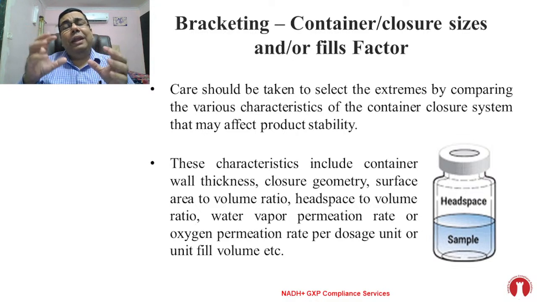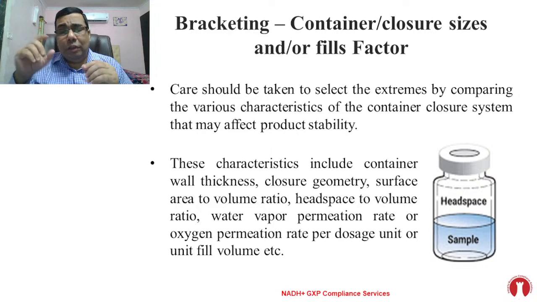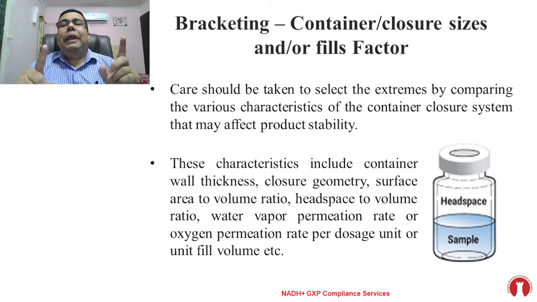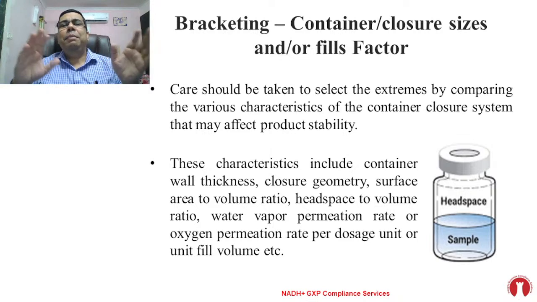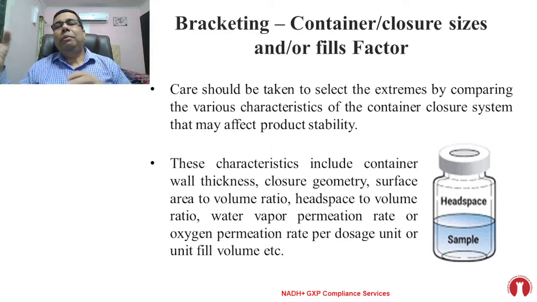So, bracketing with respect to container closure sizes, I was explaining this, which is what is displayed on the screen. Care should be taken to select the extremes, right? That is our expectation when we are discussing bracketing. So extremes by comparing the various characteristics of the container closure system that may affect product stability. What does it mean?